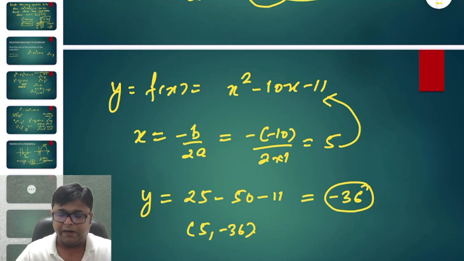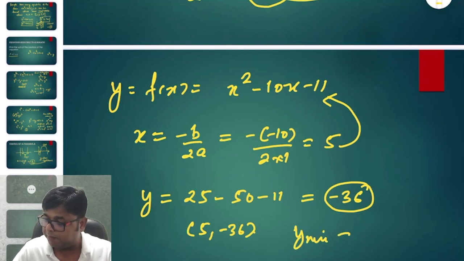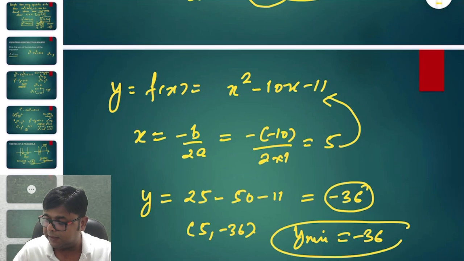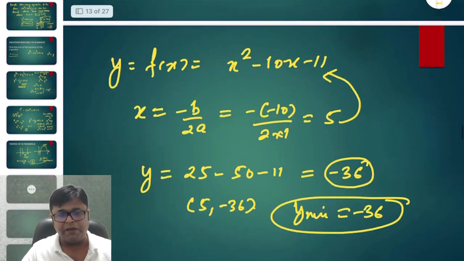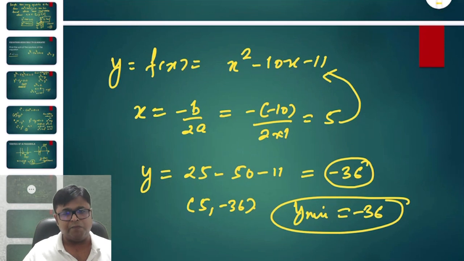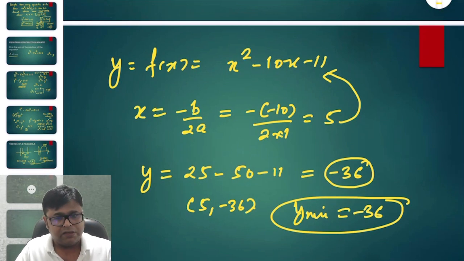I can also say this is the minimum value of y. Y minimum is minus 36. In this case, it is a cup shape, and for a cap shape, the same value will be the maximum. Same process, basically. Is this clear? So this is how we find the vertex of a parabola.